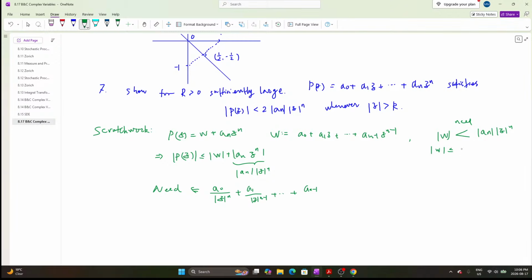The absolute value of w is less than the absolute value of a_0 plus all the way to a_{n-1} absolute value times the modulus of z to the n minus 1. So we just want this to be less than the desired goal.